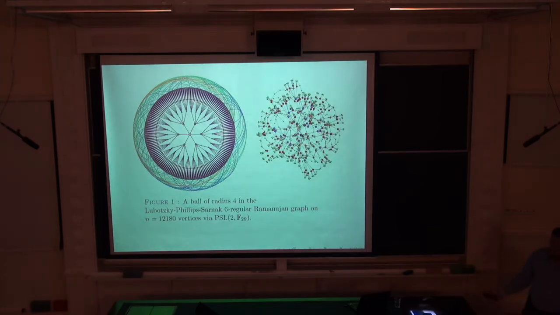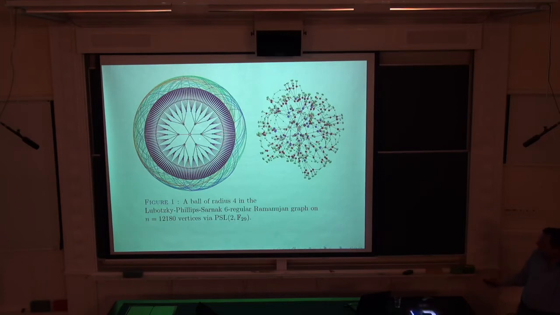Here are some attempts to draw these graphs. This is a picture of a small part of the Lubotzky Phillips Sarnak 6-regular Ramanujan graphs. The vertices are from the group PSL2 over the field of 29 elements, and this is a graph with about 12,000 vertices.